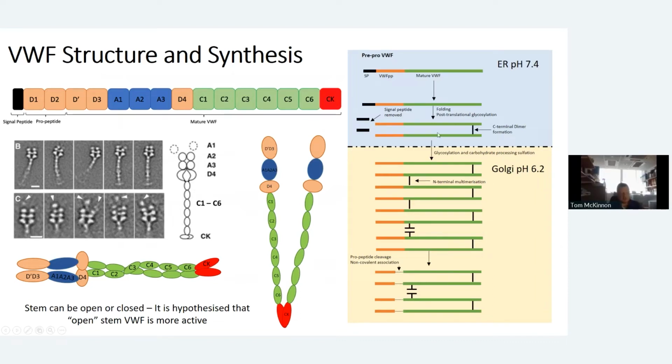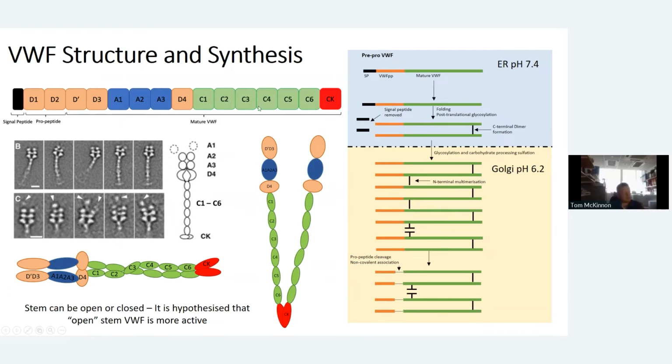Now, once a dimer is formed, that's the cue for the protein to exit the ER. There isn't the physical space in the ER for this protein to really get any bigger. It then passes out of the ER, and in the Golgi body, these dimers now become multimers.